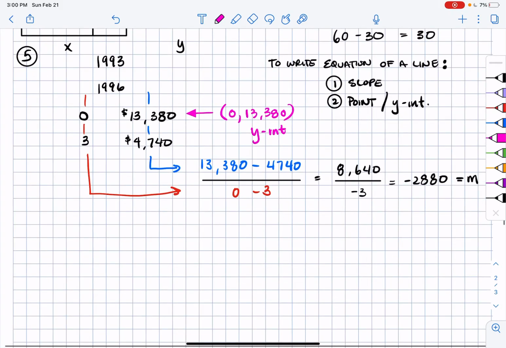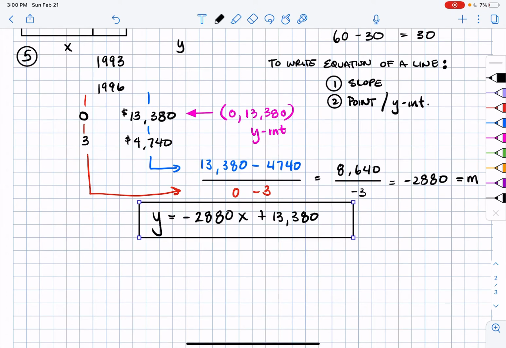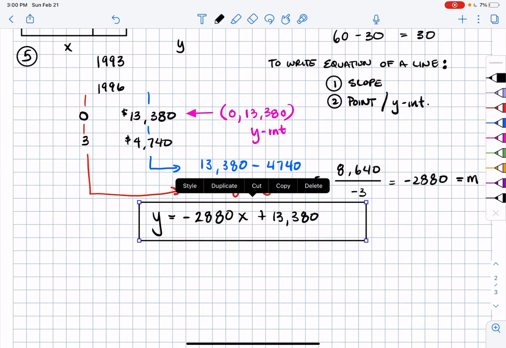Awesome. So that means the equation of the line would be y is equal to negative 2,880x plus 13,380. Now, if it didn't give me that point, then I would actually have to use a point and solve for the y-intercept and then write my equation.